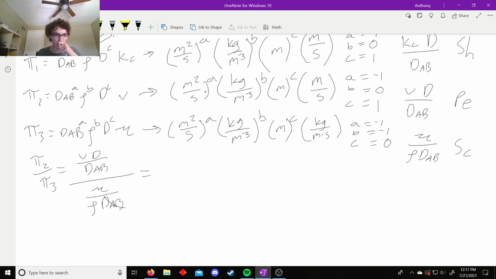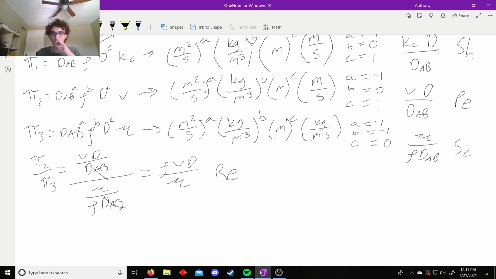So these will cancel, and what we'll be left with is this, and this is the Reynolds number. So we took one dimensionless group, divided it by another dimensionless group, and what we end up with is a different dimensionless group, which is the Reynolds number.